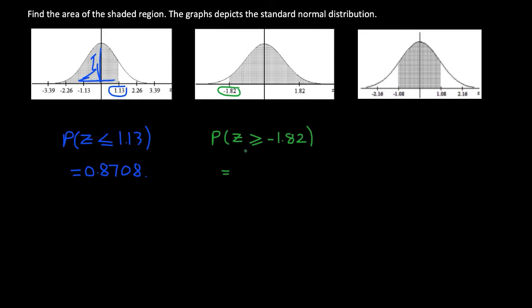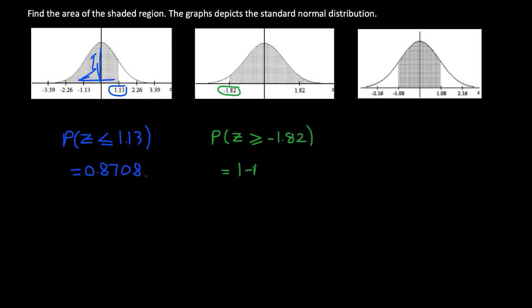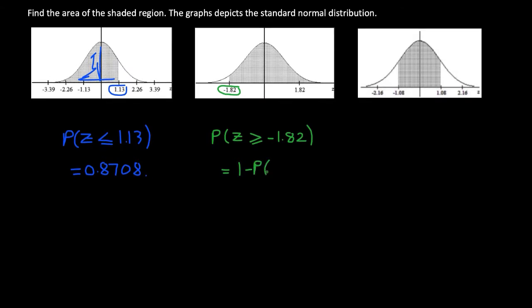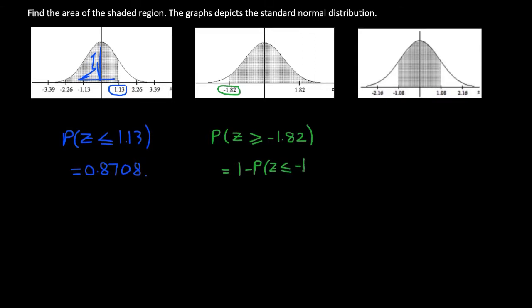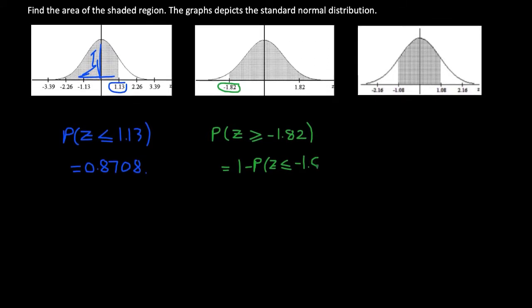Therefore, we write down always 1 minus probability z less than or equal negative 1.82. Again, this is greater than or equal. Therefore, we have to make it less than or equal.